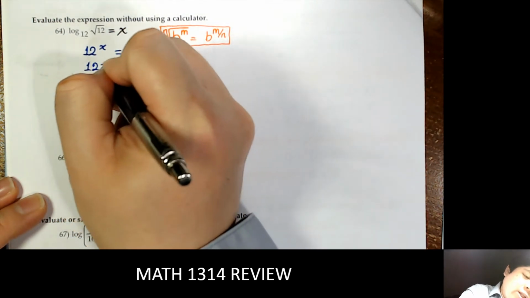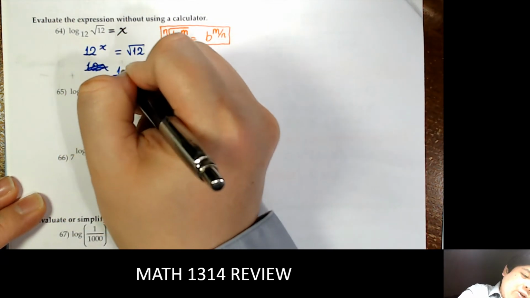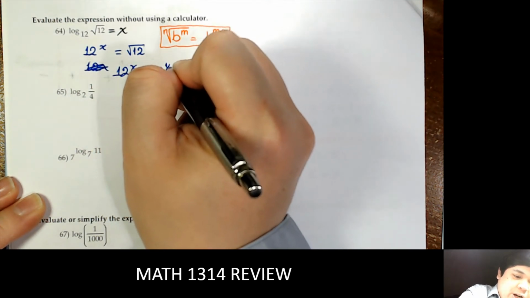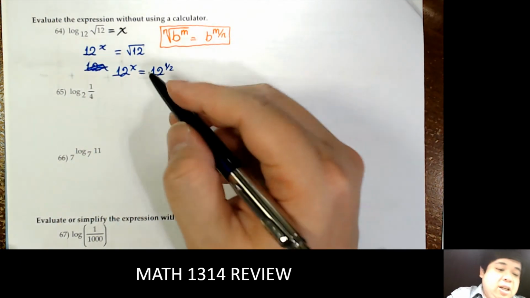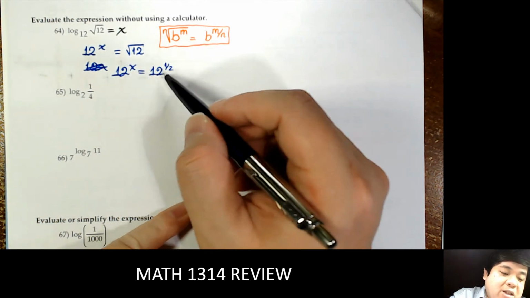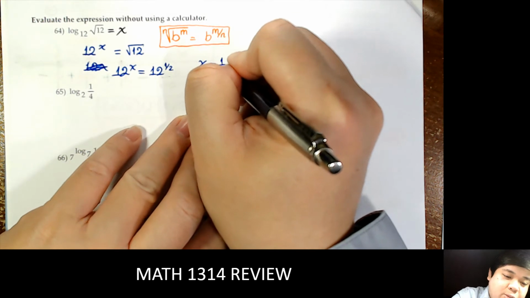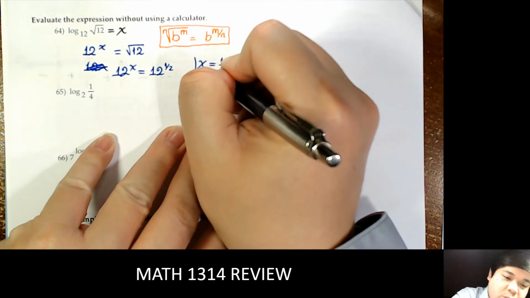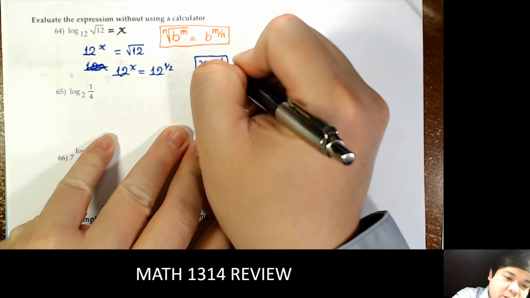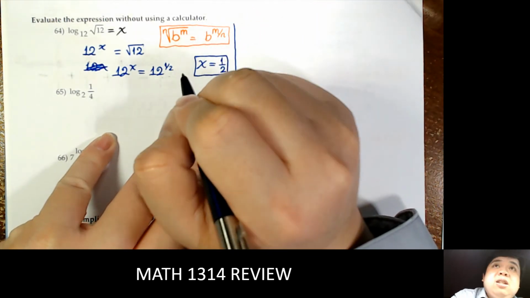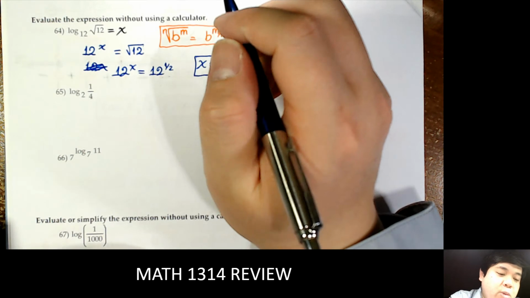So 12 to the x power equals 12 to the 1/2. Obviously these two are equal, the bases are equal, so x equals 1/2. The exponent must be the same, so that's what we have. I said that is the common sense way. We just don't have to do much.